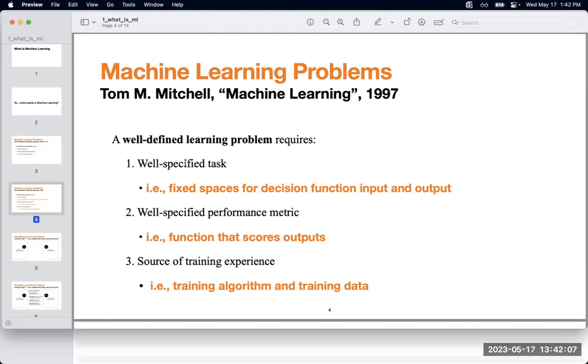First, the task can be thought of as a function, a mathematical function, where you have one or more inputs and you have an expected output. So for instance, if you have a function that would predict what the price of a house would be given some information on, let's say, the city, the state, the number of bedrooms, the square feet of the house.